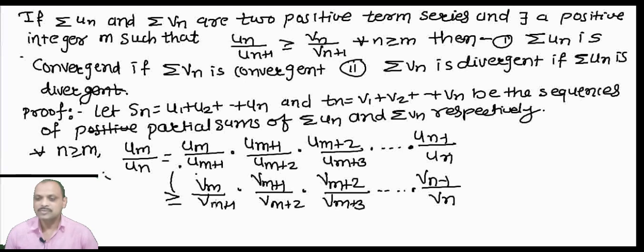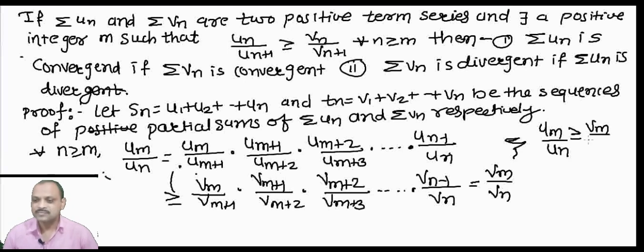The lower product equals Vm divided by Vn. Then we get um divided by un is greater than or equal to Vm divided by Vn.